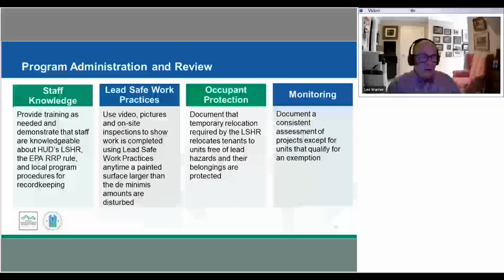And we've been talking about de minimis requirements, or what things would be exempt. So we need to have those standards in place.